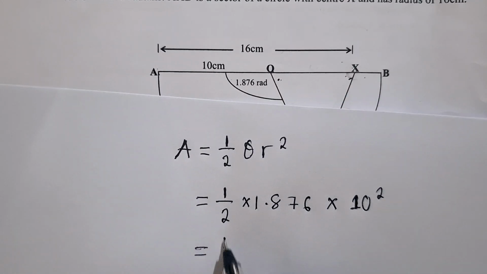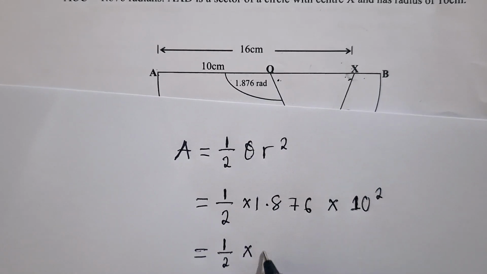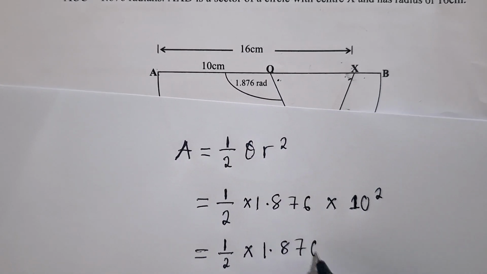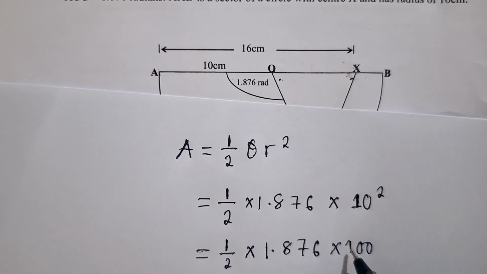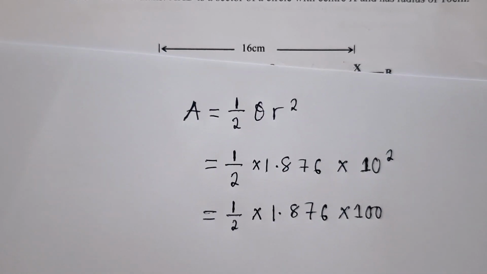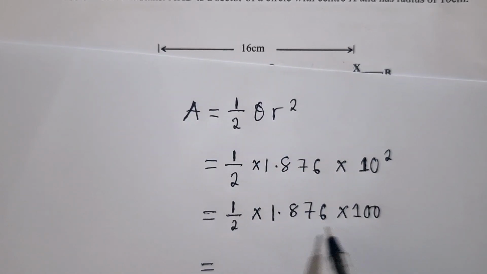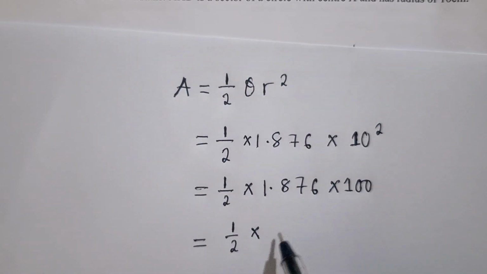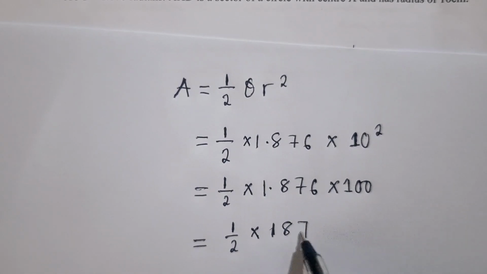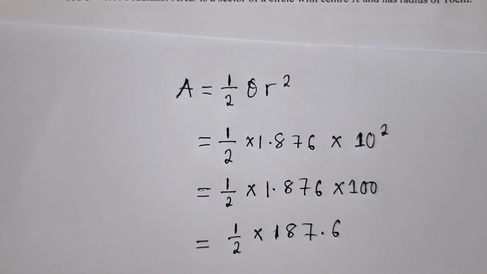We work out further, 1/2 times 1.876 times 100, since 10 squared is equal to 100. So from here, we can multiply these two. 1.876 times 100 gives us 187.6.